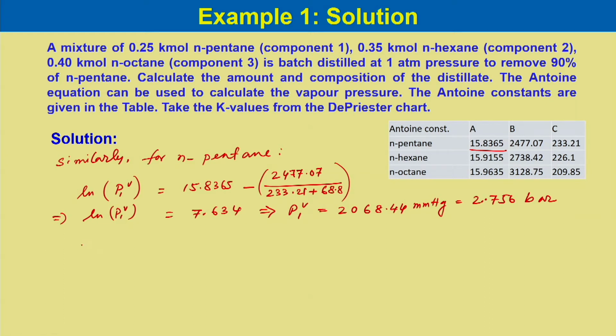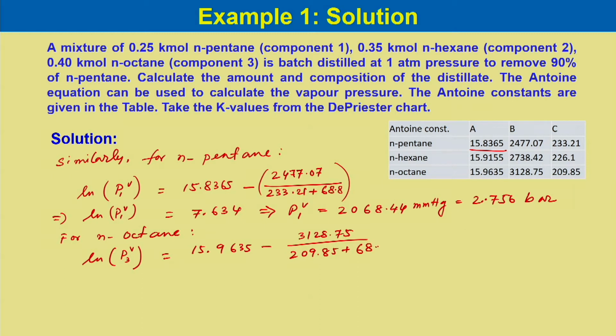Now, for N octane we can write ln P3V would be equal to 15.9635 minus 3128.75 divided by 209.85 plus 68.8.